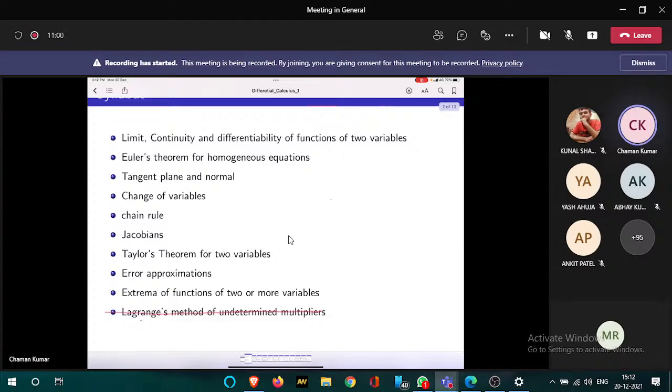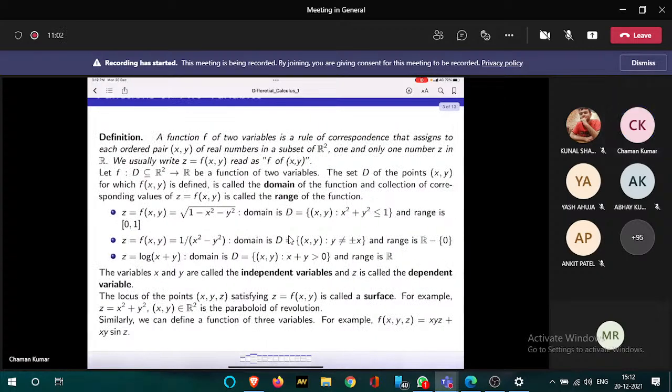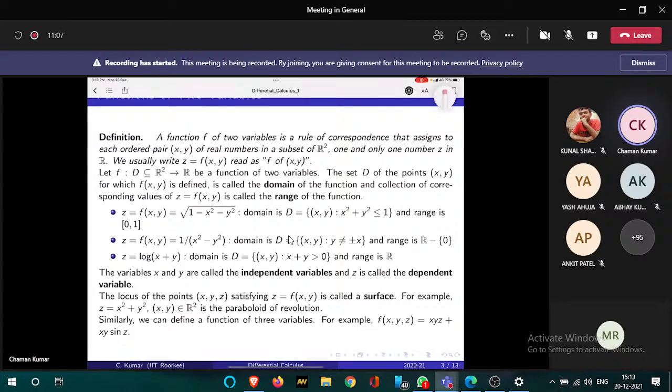Okay, so now let us start this section. We are going to see some definitions first. So the first definition is: how do we define a function of two variables?